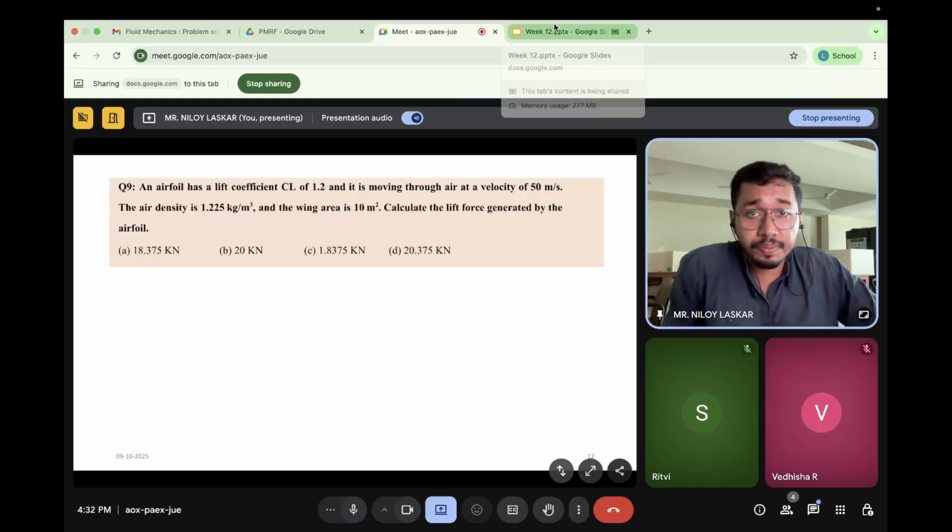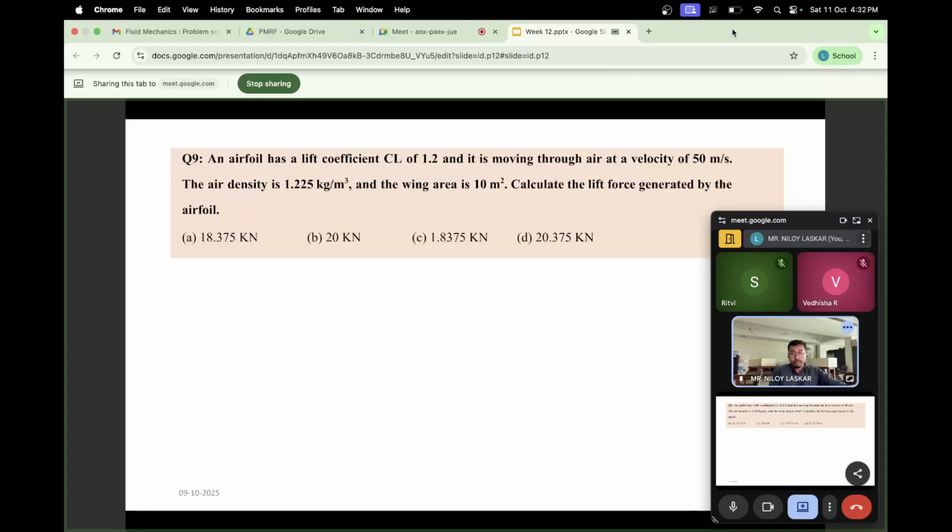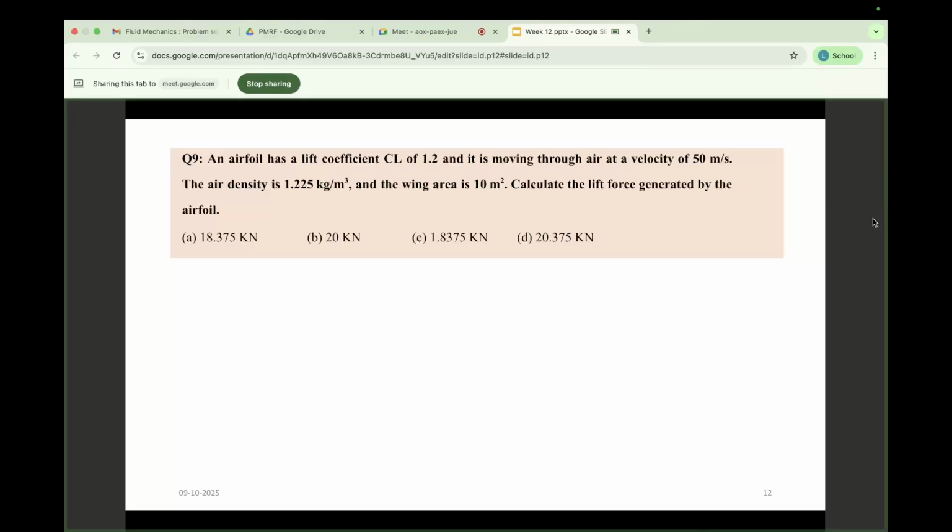Okay, I'm solving this one. The lift formula for this lift force is FL equal to half rho V square A into CL.